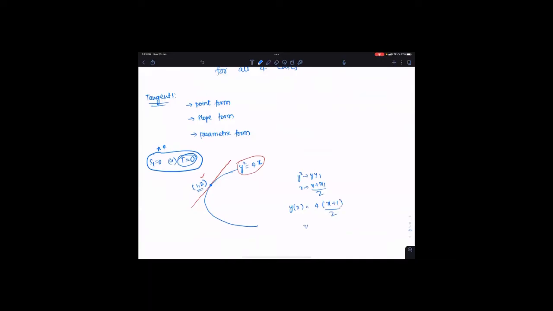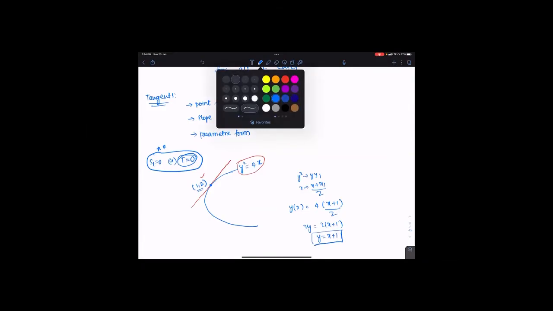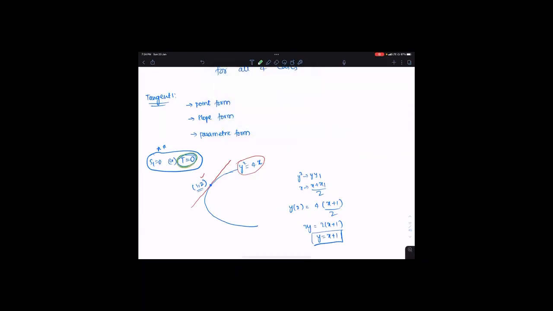So 2y equals 2 times (x plus 1), and you will get y equals x plus 1. So if a point on the parabola is given, then the equation of the tangent can be written directly. We say it as writing T equal to 0 for this curve with respect to that point.